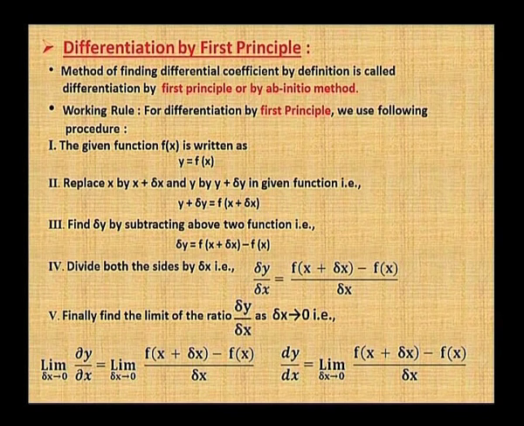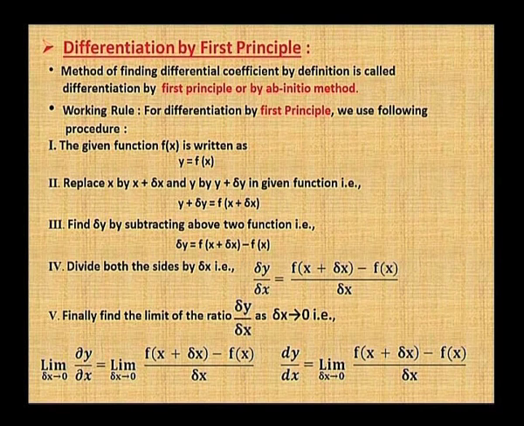Find delta y by subtracting the above two functions, that is (y plus delta y) minus y, so delta y equals f(x plus delta x) minus f(x). Divide both sides by delta x, that is delta y upon delta x equals f(x plus delta x) minus f(x) upon delta x.